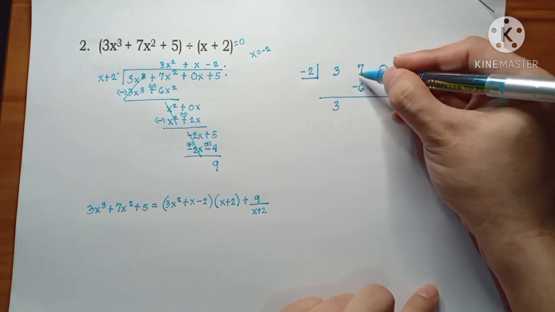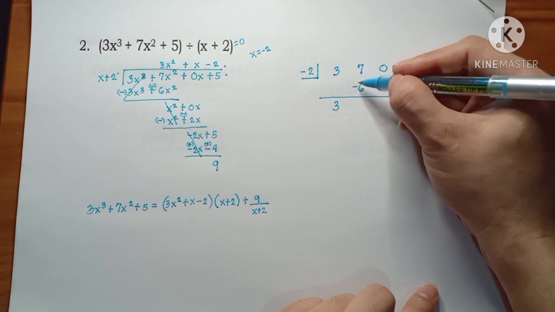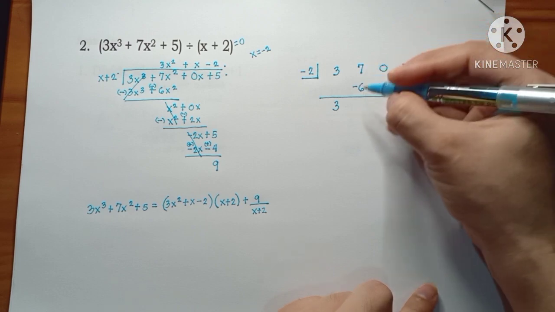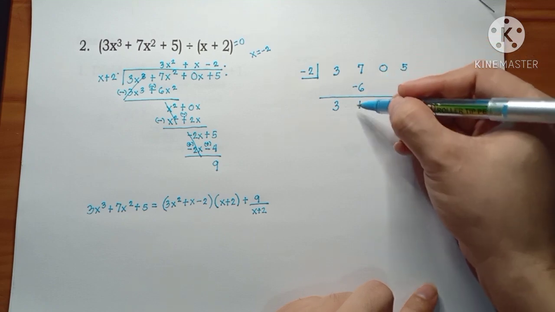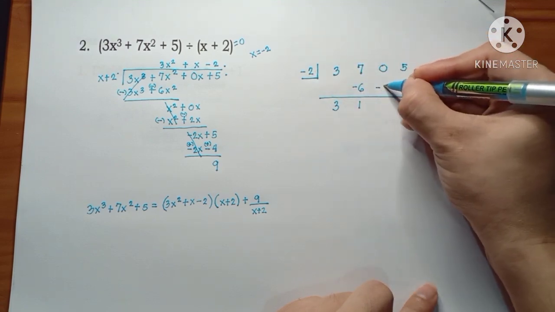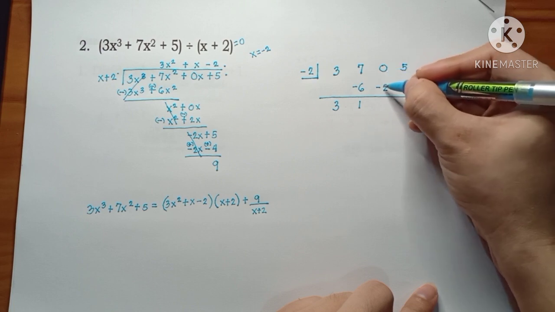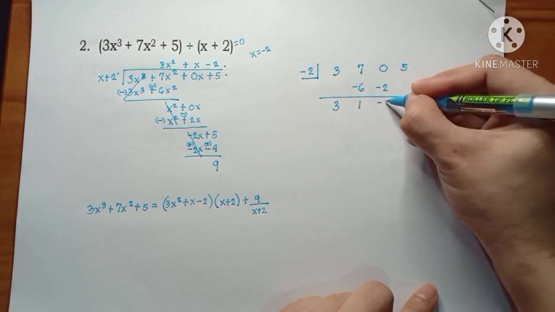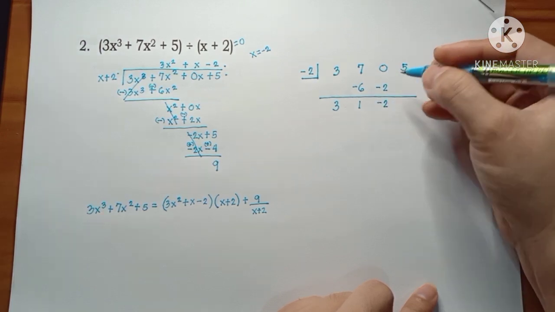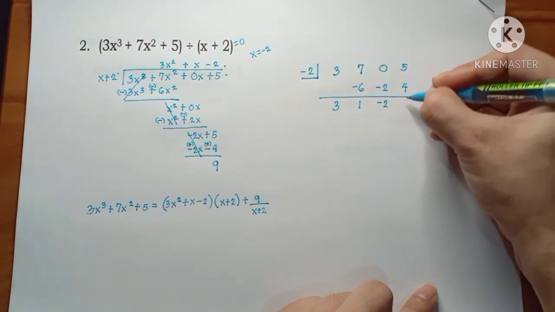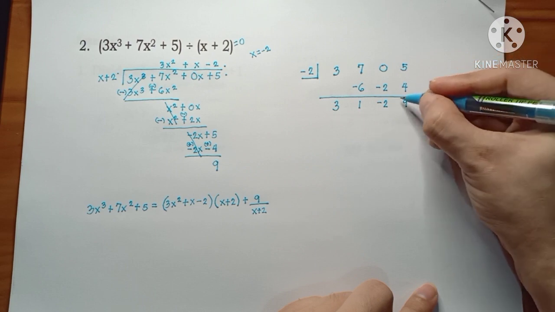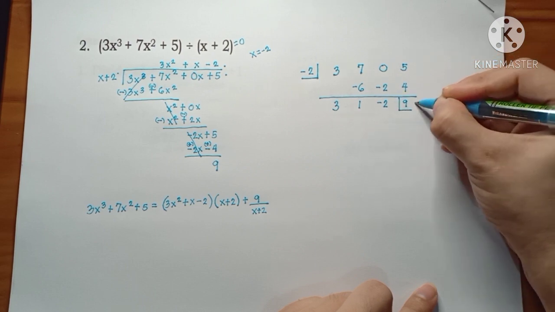Then, add natin. So, 7 minus 6 is 1. And then, 1 times negative 2 is negative 2. Then, 0 minus 2 is negative 2. Then, negative 2 times negative 2 is positive 4. And we have 9. So, take note, this is our remainder.